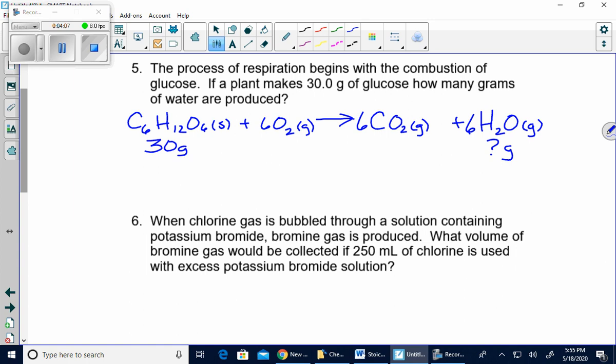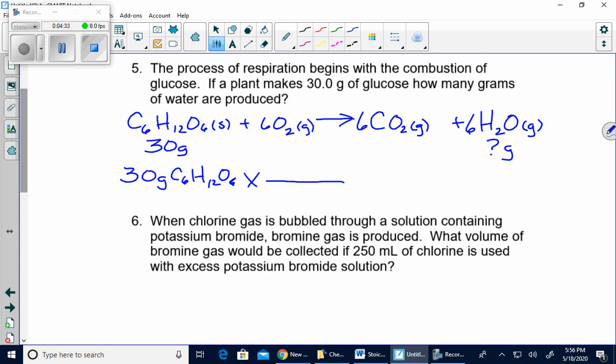Okay, so this one is a mass to mass. I'm given a mass of one substance, and I'm going to the mass of a different substance. So I'm going to start with what I'm given. I'm given 30 grams of glucose. So the first step is my balanced equation. Check, did that. Second step, convert grams to moles.